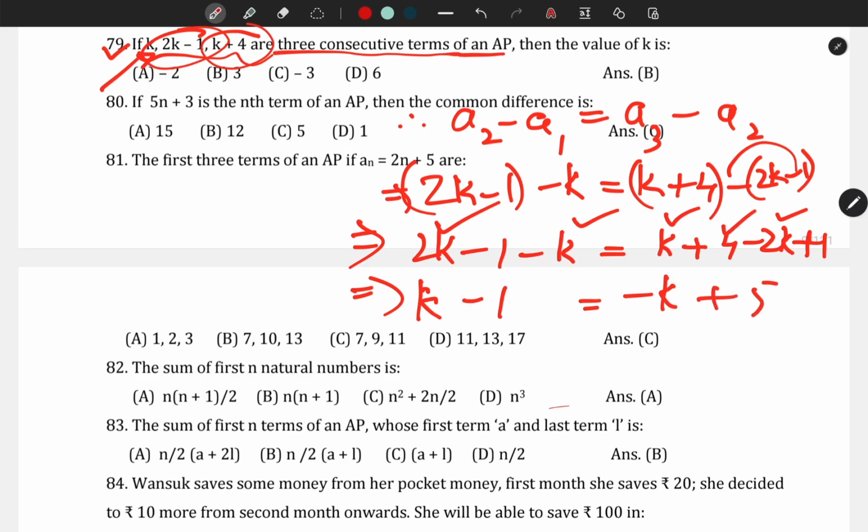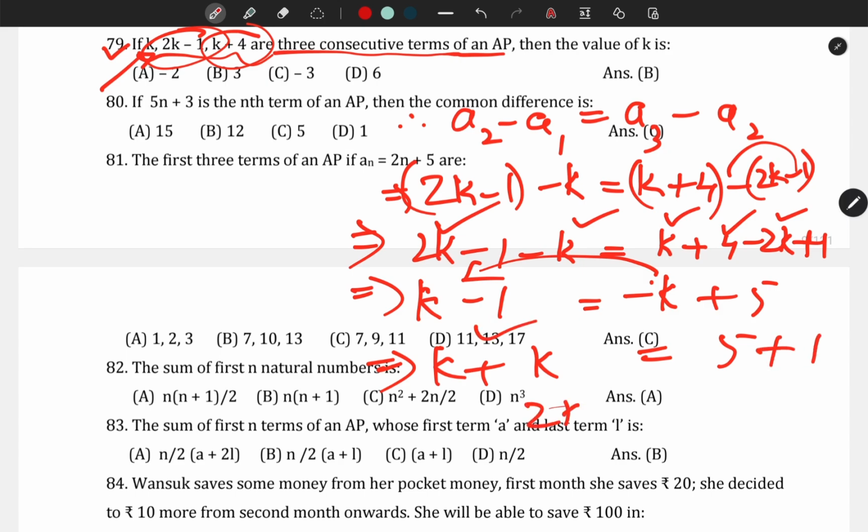Let's bring the k terms to the left hand side. So we'll get k plus k, that is 2k. This side we have 5, and this minus 1 will become plus 1 on the other side. So 2k equals 6. k will be 6 divided by 2, that is 3. So the correct option is option B, 3.